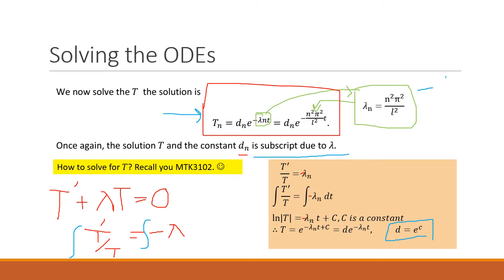Okay, so the n is subscript due to lambda. Okay, dan lambda n awak adalah n square pi square over L square, yang ni daripada eigenvalue solution.